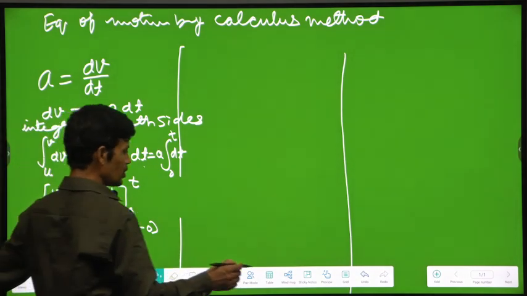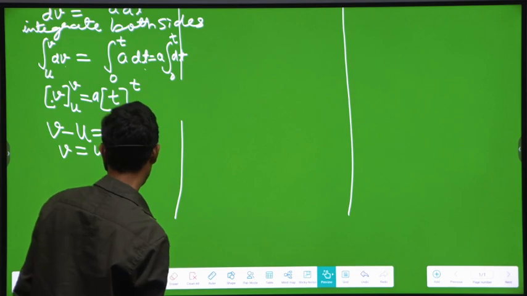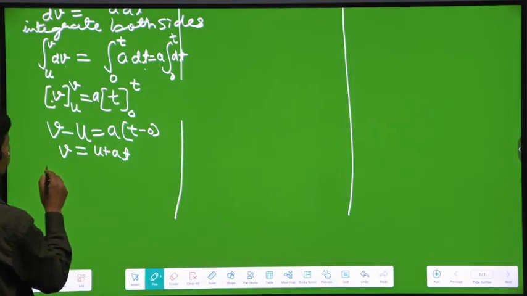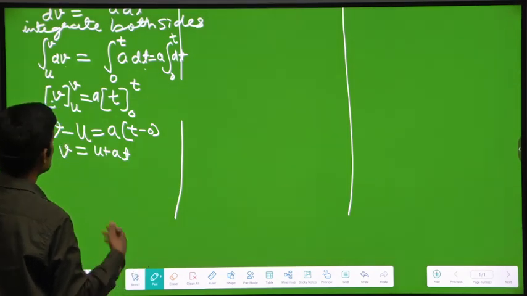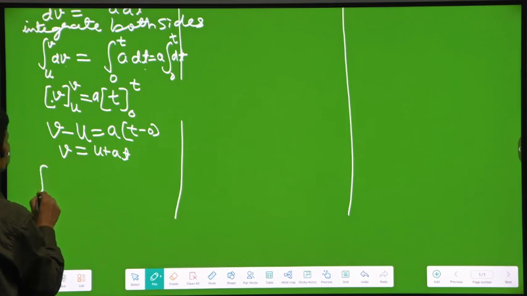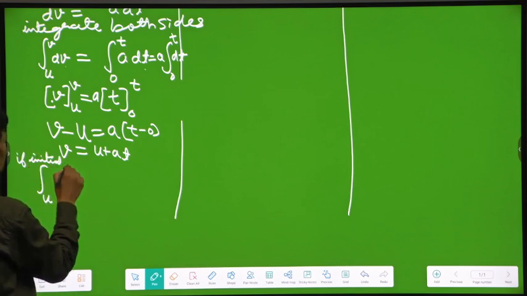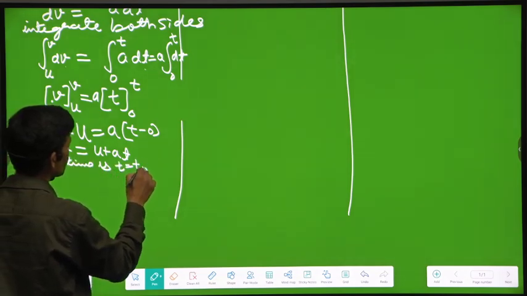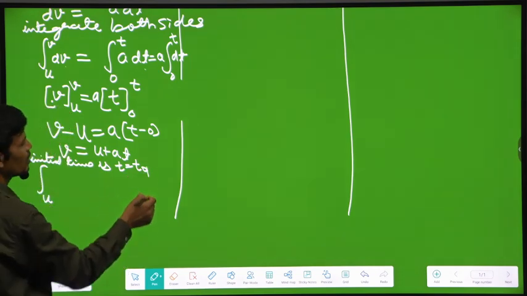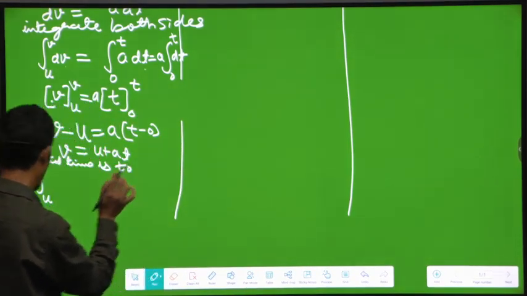But if we want some more complication into it, maybe there will be a limit of integration if the initial time is not 0, it is something else. If the initial time is t equal to t naught, or t1, whatever we can say. I mean, initial time is t naught, to avoid confusion.